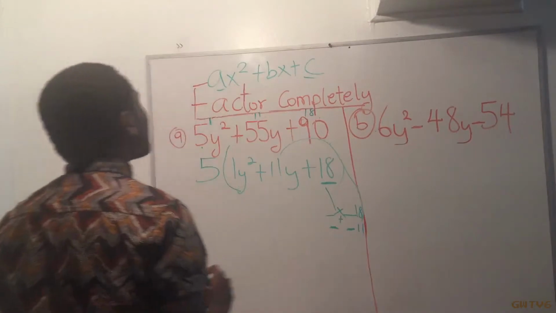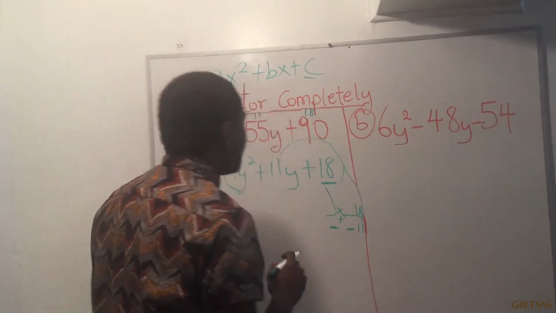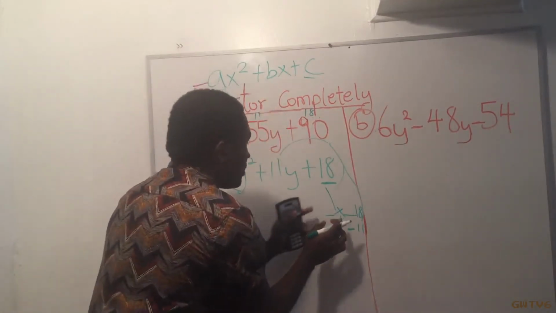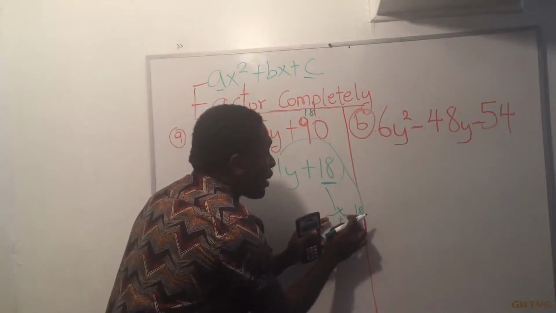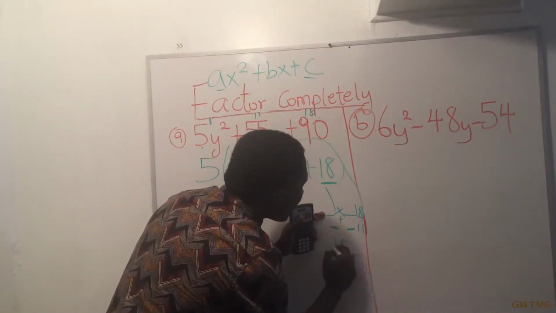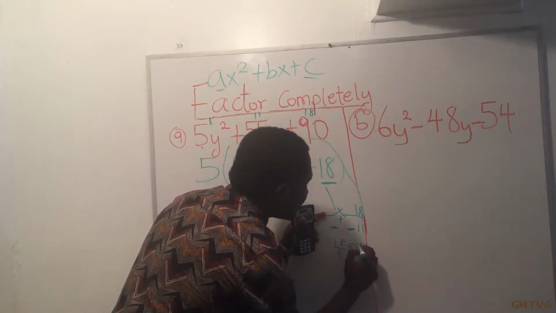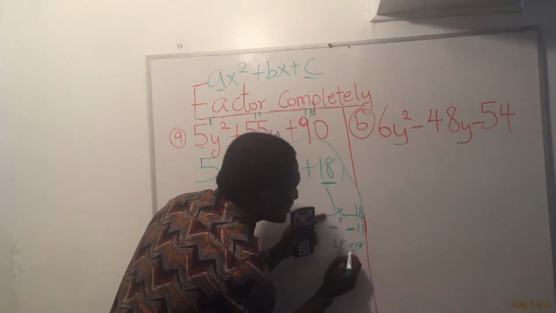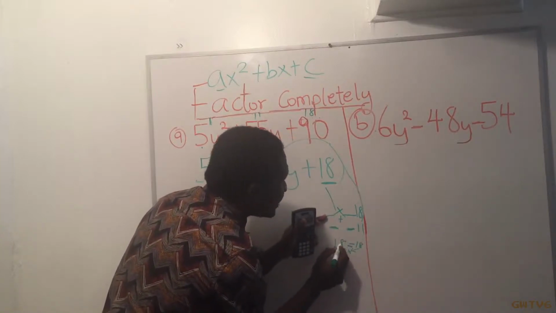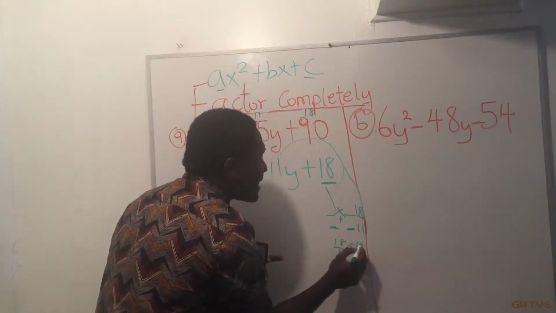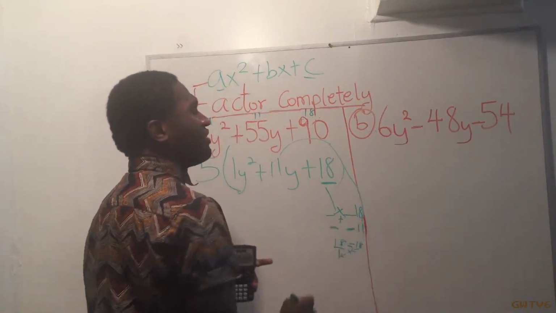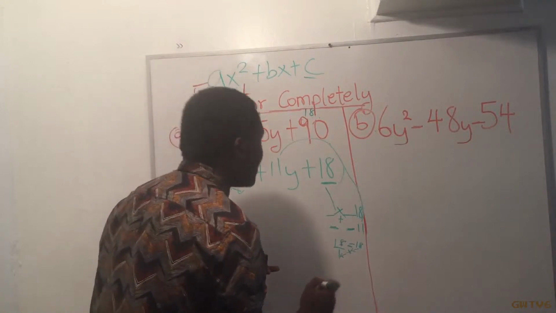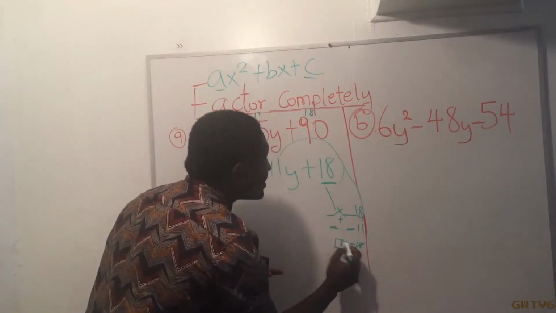So now I'm going to start searching for those two numbers. I always start with 1, and I start with the multiplication part. 18 divided by 1 is 18, that means 18 times 1 is 18. But what is 1 plus 18? That is not 11, that is 19. So I cannot use 18 and 1.